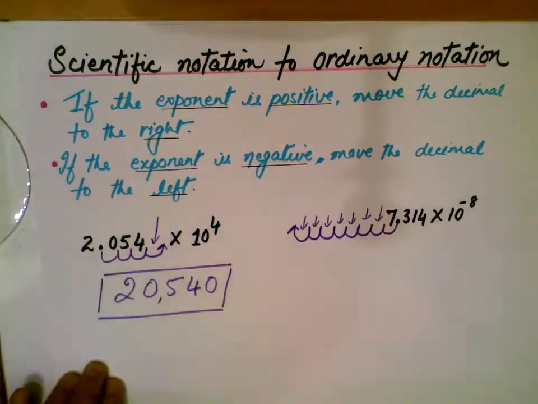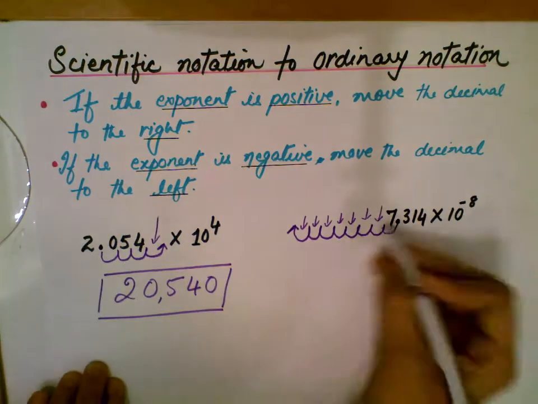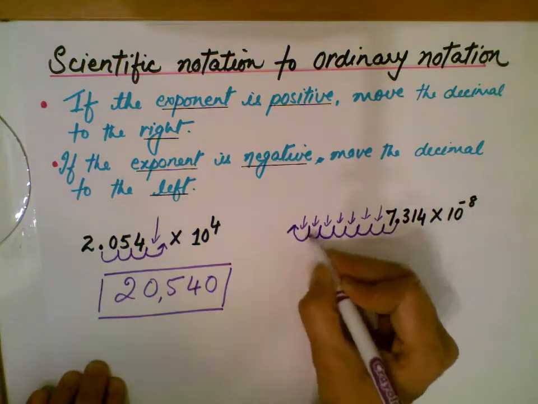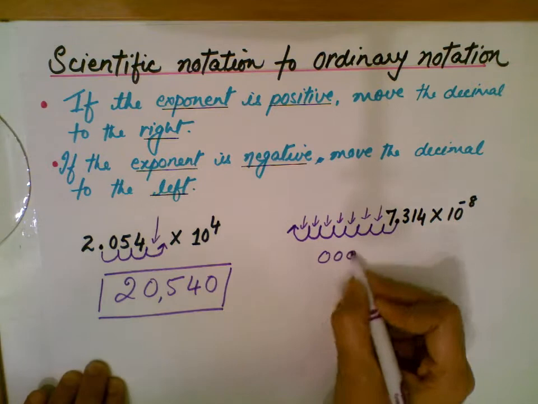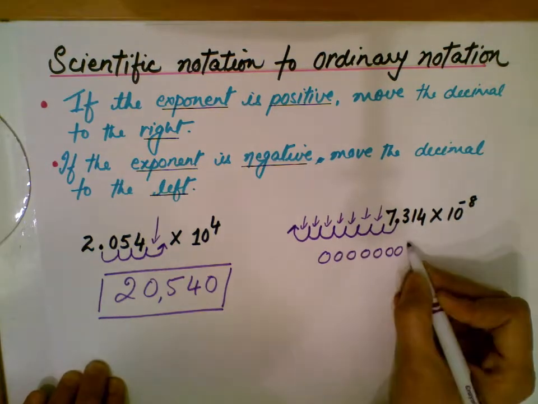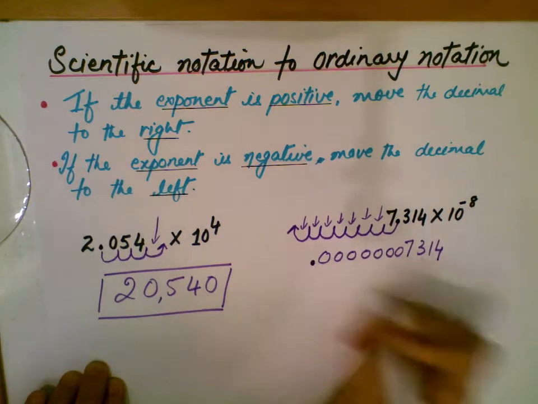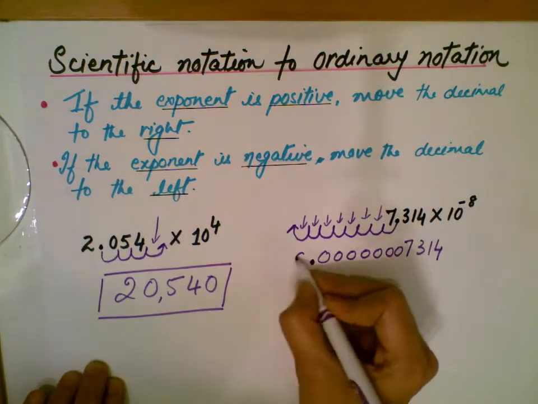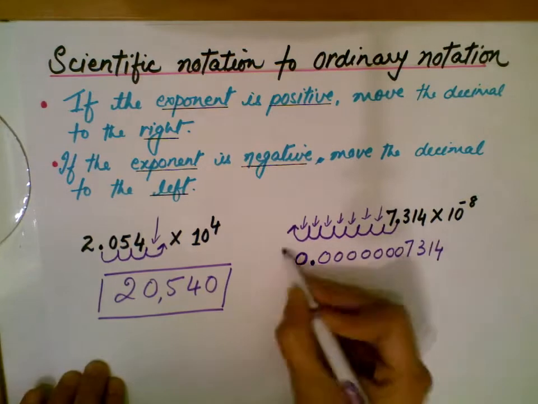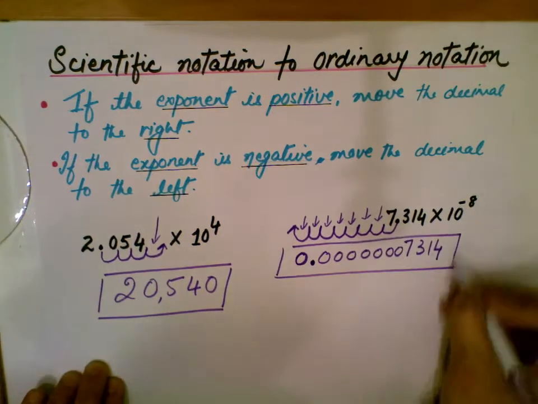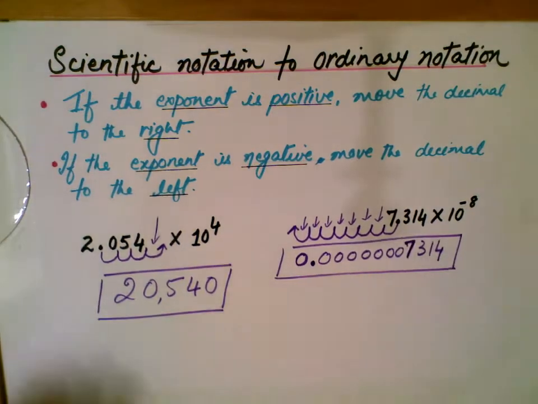How many zeros are these? 1, 2, 3, 4, 5, 6, 7 zeros. 7, 3, 1, 4. Don't forget the decimal here. And I put another 0 so that this decimal is visible.